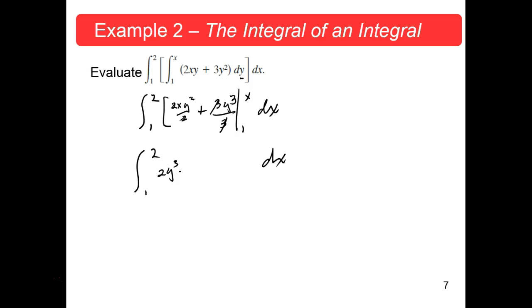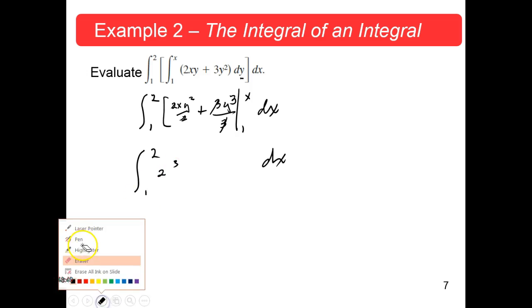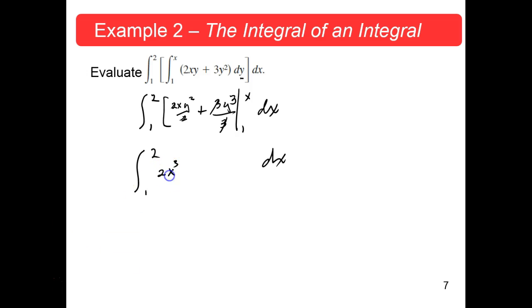That's 3x squared, 2x cubed. The first one comes from here: x times x squared is x cubed. And here we plug x in for y, you get plus x cubed.